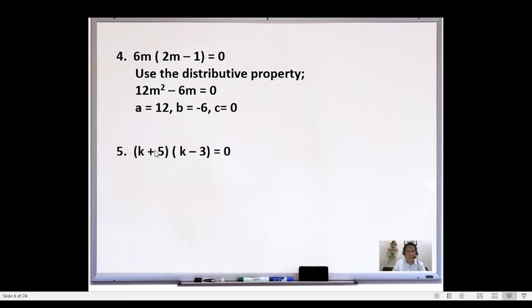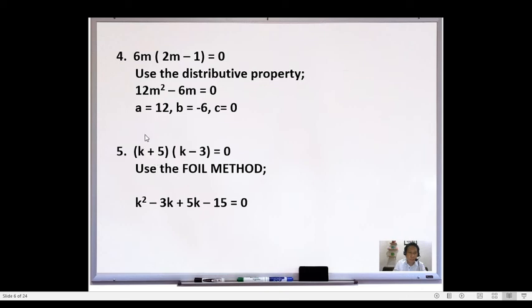For number 5, we have k plus 5 times k minus 3 is equal to 0. So here, we are going to apply or use what we call FOIL method. So if we apply the FOIL method, we have the product of the first term, k times k. This will give us k squared. Next, we have the product of the two outer terms.